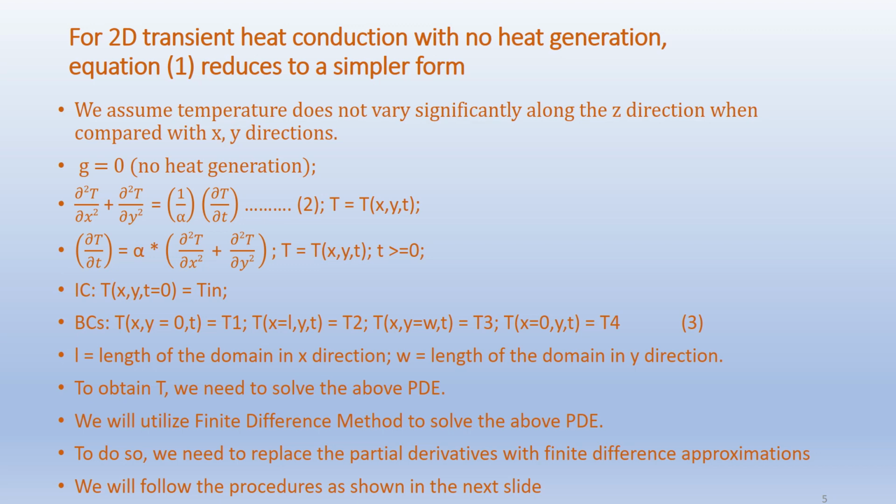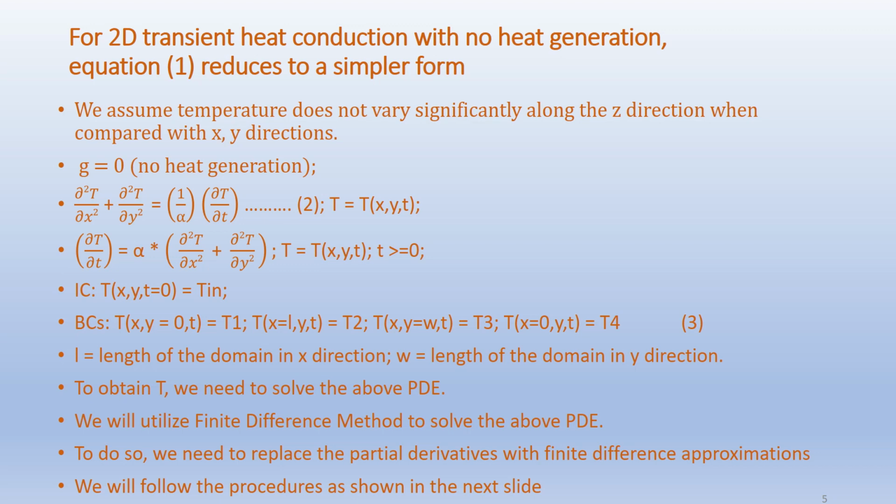Equation 2 can be rearranged as ∂T/∂t equals alpha times ∂²T/∂x² plus ∂²T/∂y². T is a function of x, y, and t, and time is greater than or equal to 0.